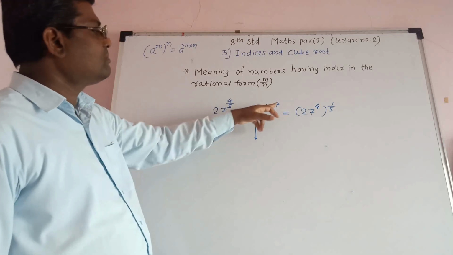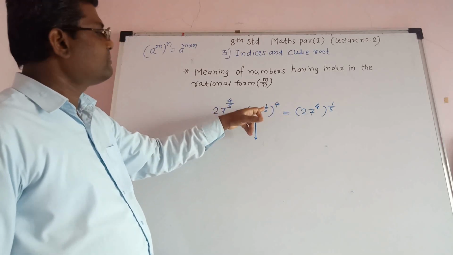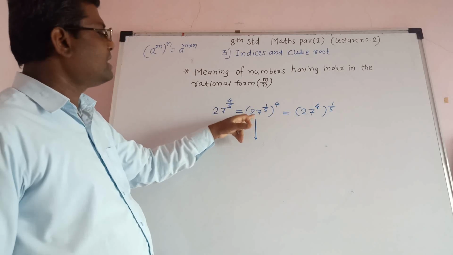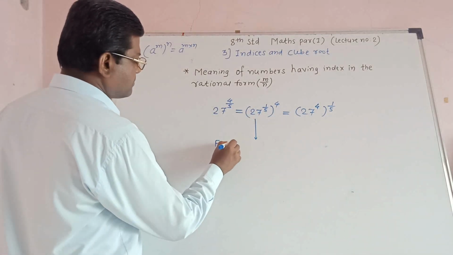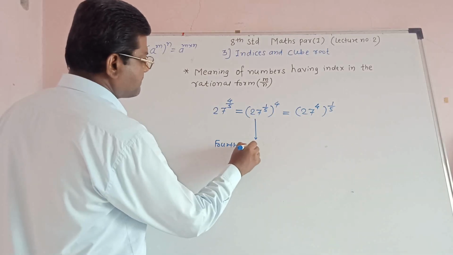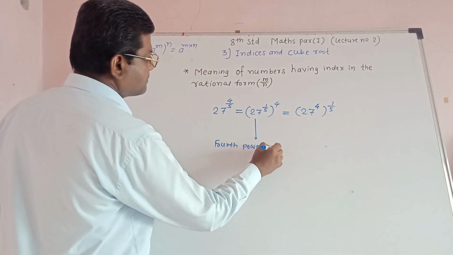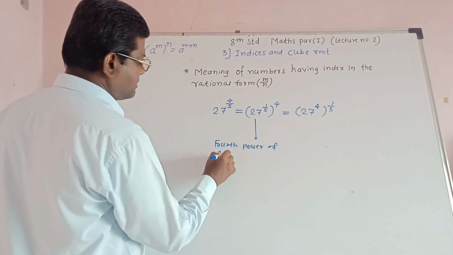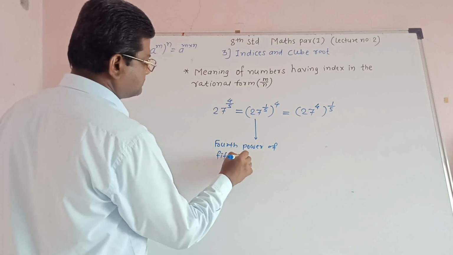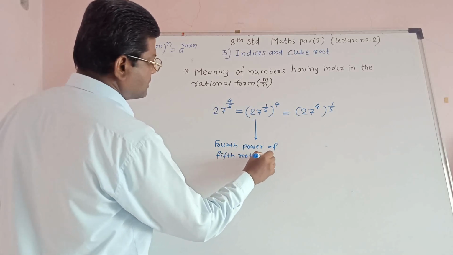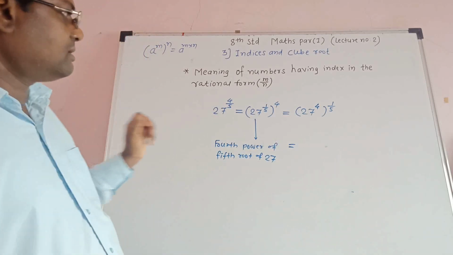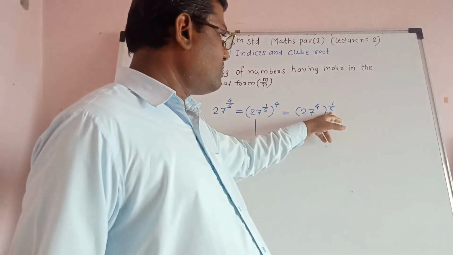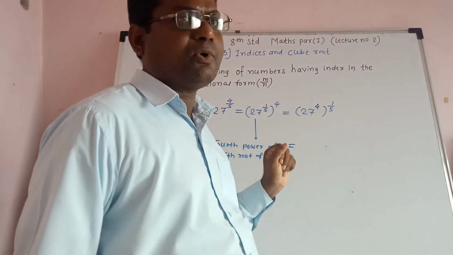How to read? Fourth power of fifth root of 27. So we write fourth power of fifth root of 27, and this also, bracket raised to 1 upon 5.